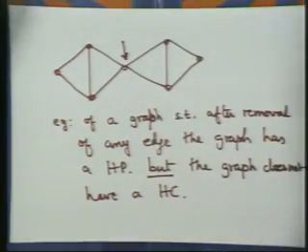Now this graph does not have a Hamiltonian cycle, and to see that, you focus on this vertex in the middle. If I remove this middle vertex, then the graph becomes disconnected.